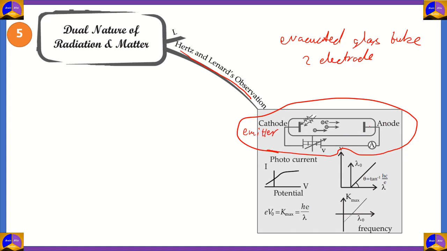The other electrode, which collects the electrons, is called the collector, and it is the anode in this case. In order for a cathode to release electrons, it has to be made of a photosensitive substance. So the cathode has to be photosensitive in order to act as an emitter, and examples include zinc.